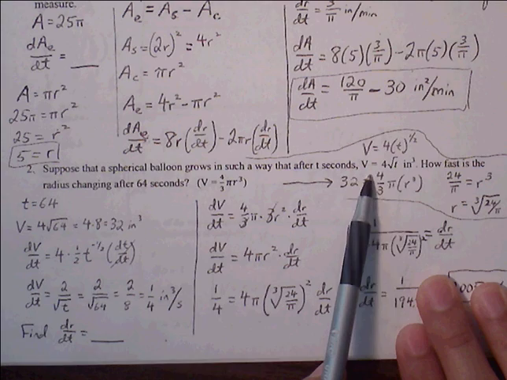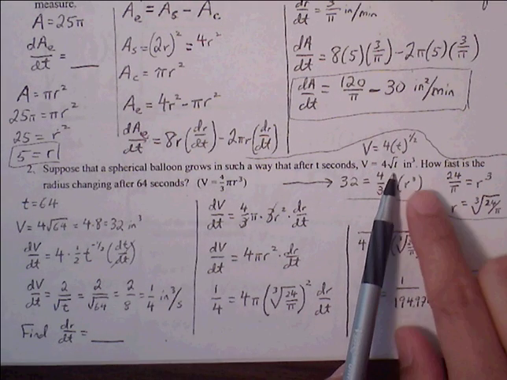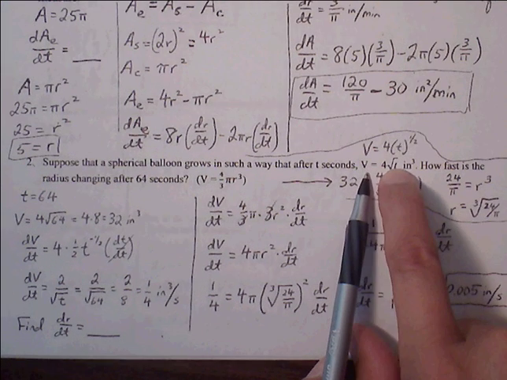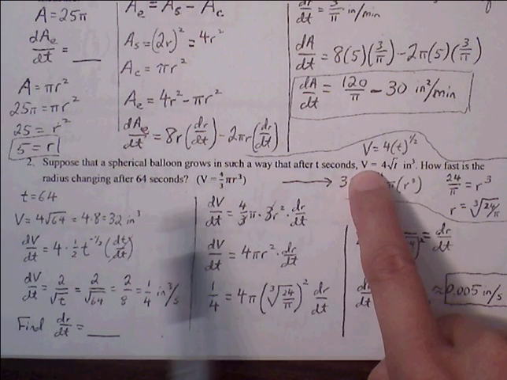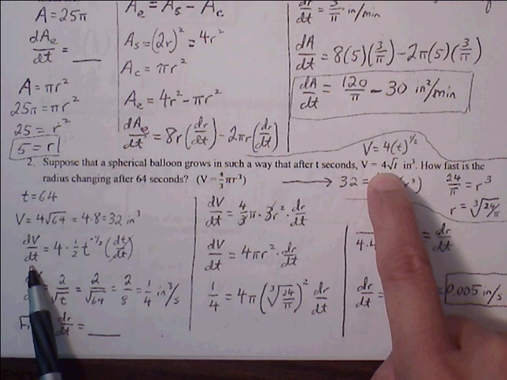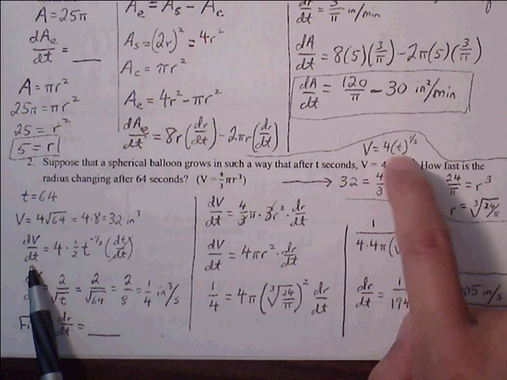We know that v is equal to 4 square root of t. So we can find dv/dt using this equation. So v becomes dv/dt. 4 square root of t is the same thing as 4t to the 1/2. We're going to find the derivative of t with respect to time.